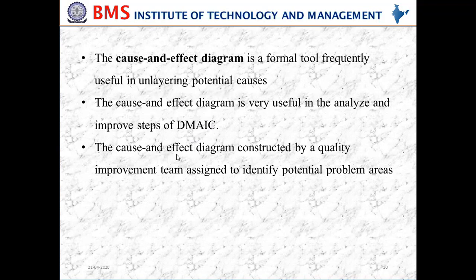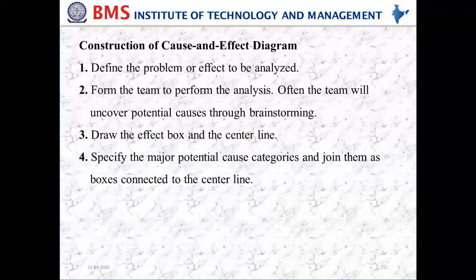The cause and effect diagram is constructed by a quality improvement team assigned to identify the potential problem areas. First the major problems will be identified, then the major causes, and then the minor causes from those major causes are noted down. Now how to construct this cause and effect diagram?